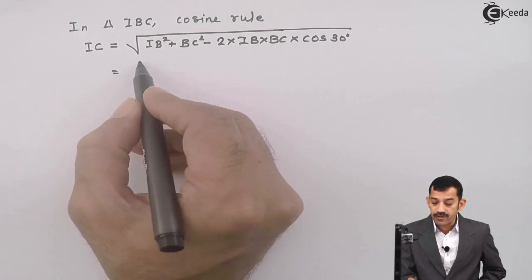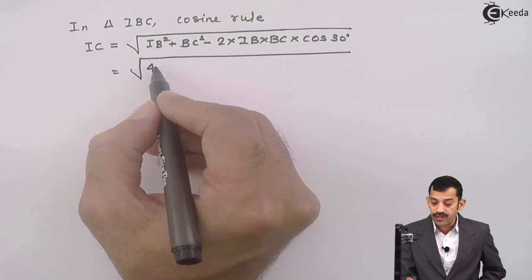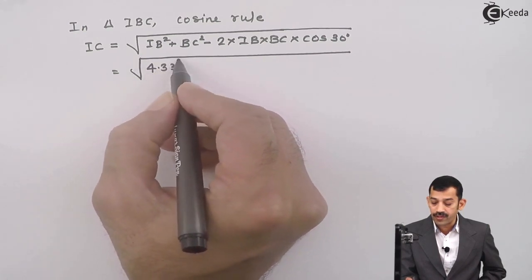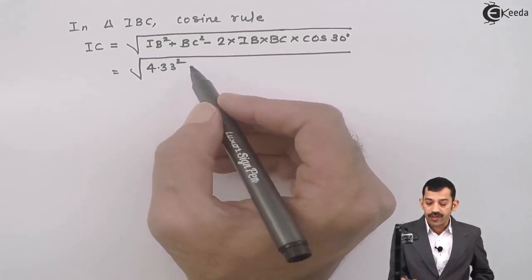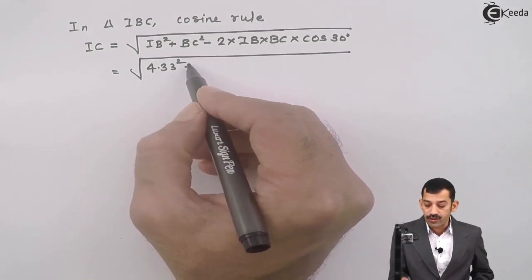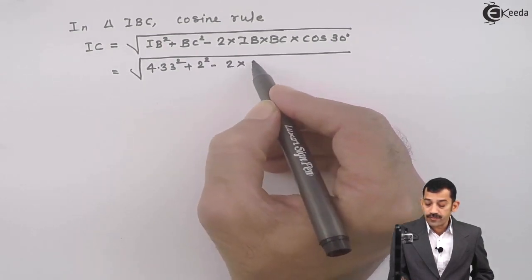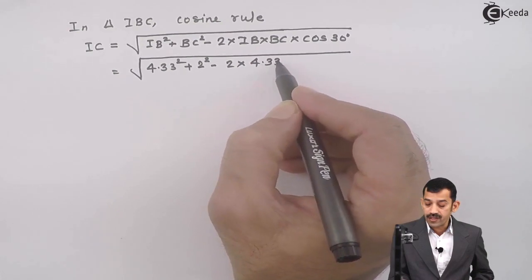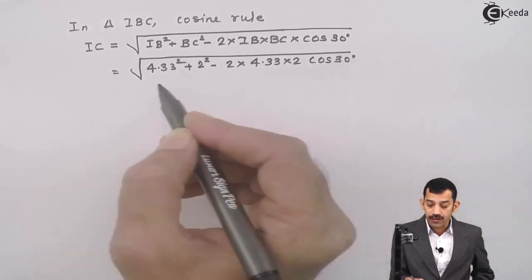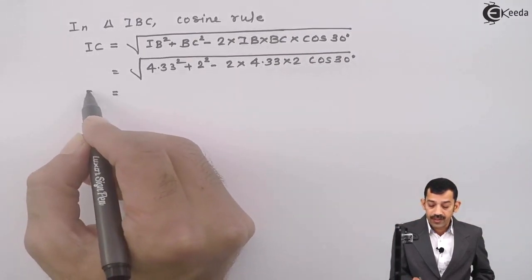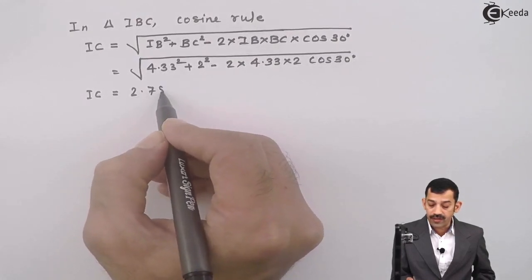Now length IB you have calculated, length IB is equal to 4.33 meters, so 4.33 square. Length BC is given in problem, which is from end B point C is at 2 meter, so 2 square minus 2 times 4.33 into 2 into cos of 30 degree. Using calculator, this length IC comes out to be 2.78 meters.